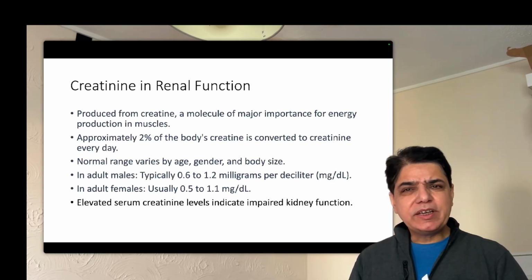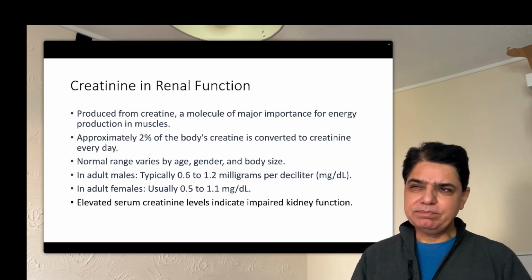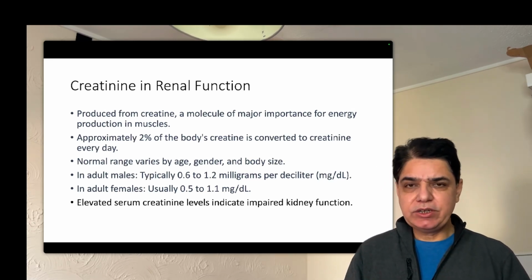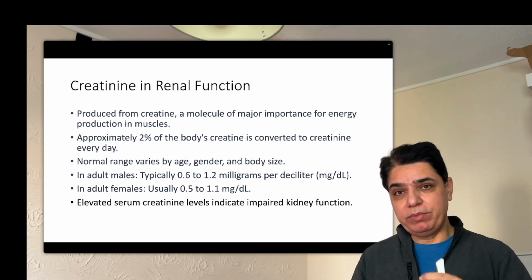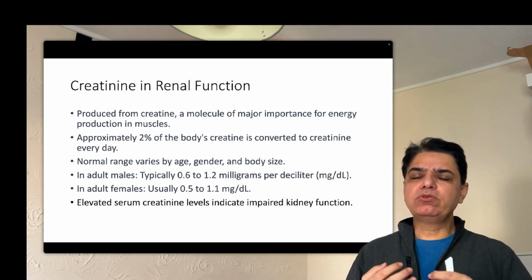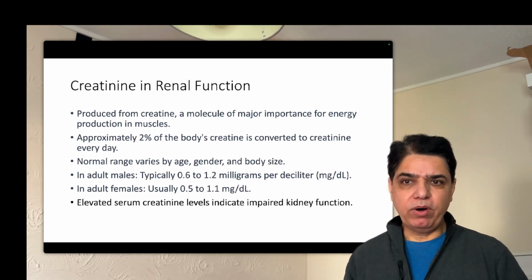Now, how much of the creatinine goes out of your body? It depends on your age. It depends on your gender, whether you're male or female. More in males because they've got more muscle mass. And it also depends on your body size, how big you are.